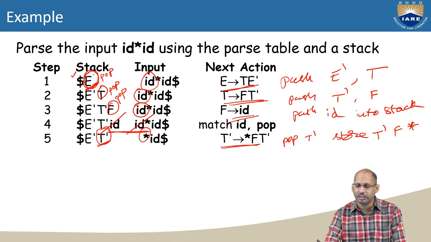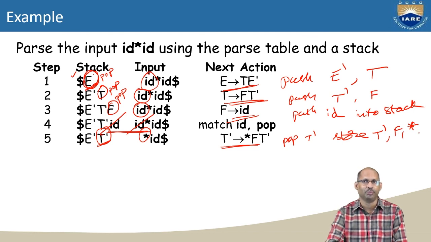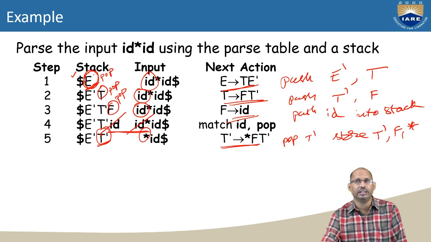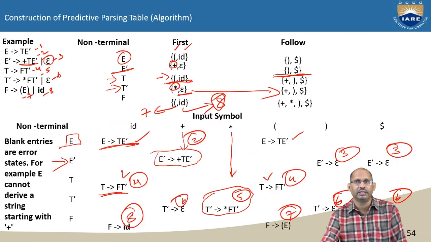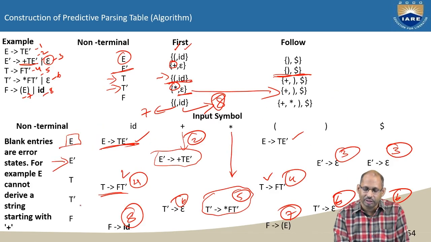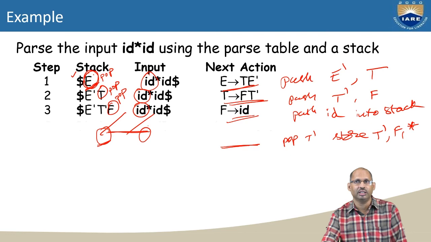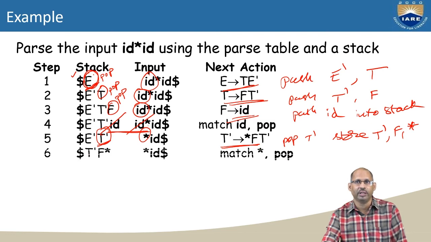The order is a must. First we have to store T', then F, then multiplication. So in the table, if you refer T' and multiplication, it is T' gives multiplication F T'. Right? So here we are performing this one.